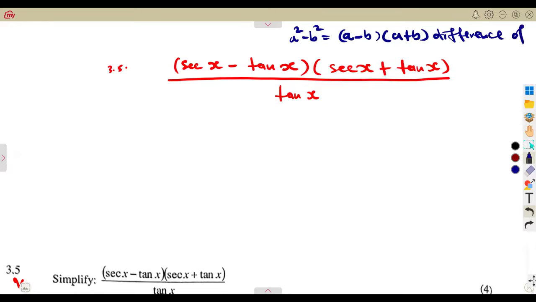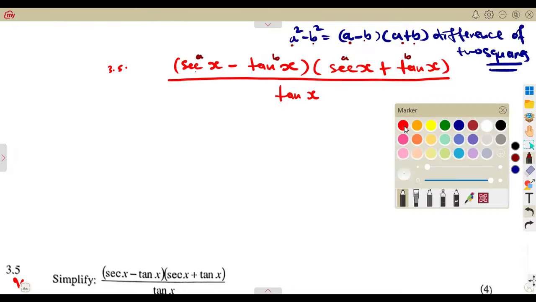So if you are applying the difference of two squares, a minus b times a plus b was taken from a squared minus b squared. This is our a, this is our b. So what is a squared? It simply means sec squared, and b squared is tan squared.